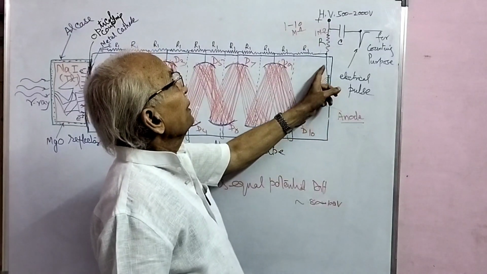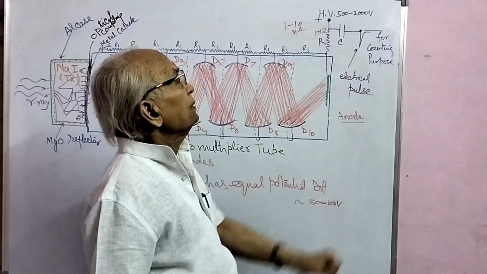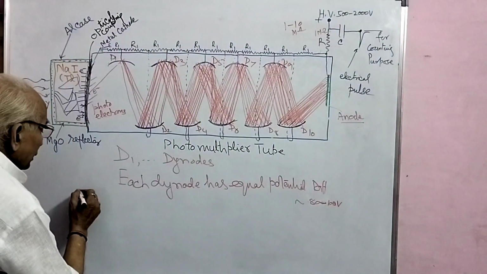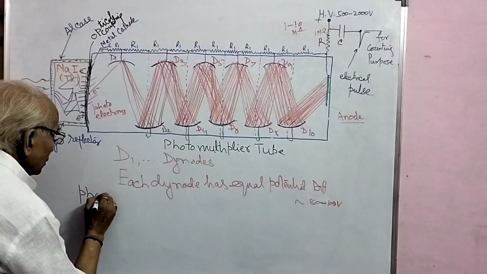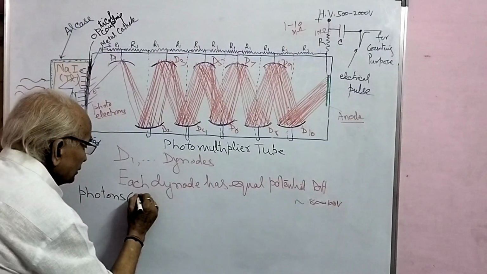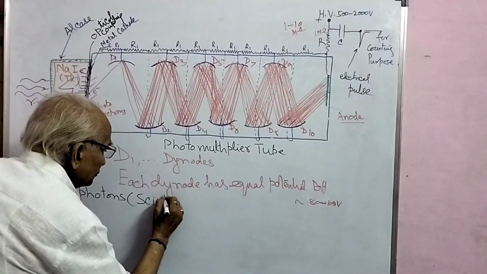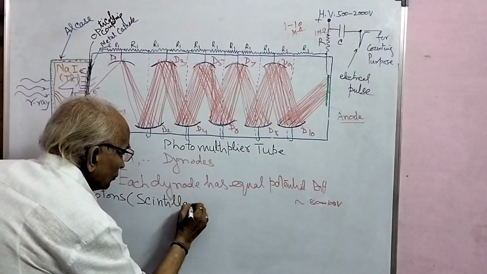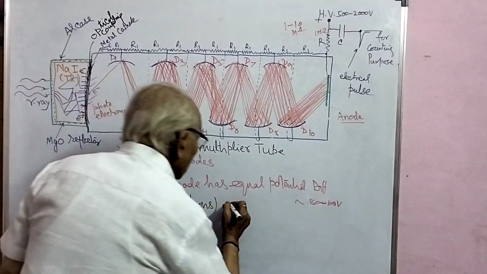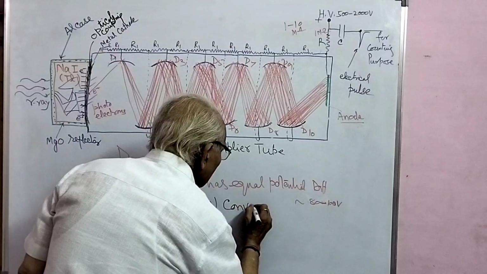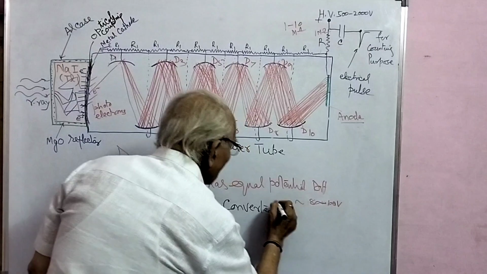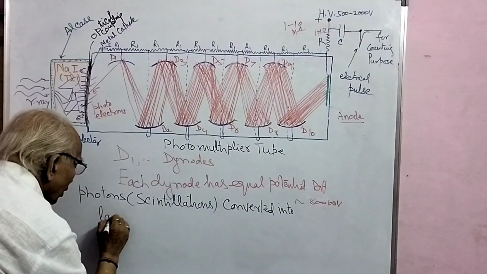Anode is connected with the resistance here and this capacitance here. So what happens? Huge amount of the photons which are scintillations are converted into a large number of electrons.